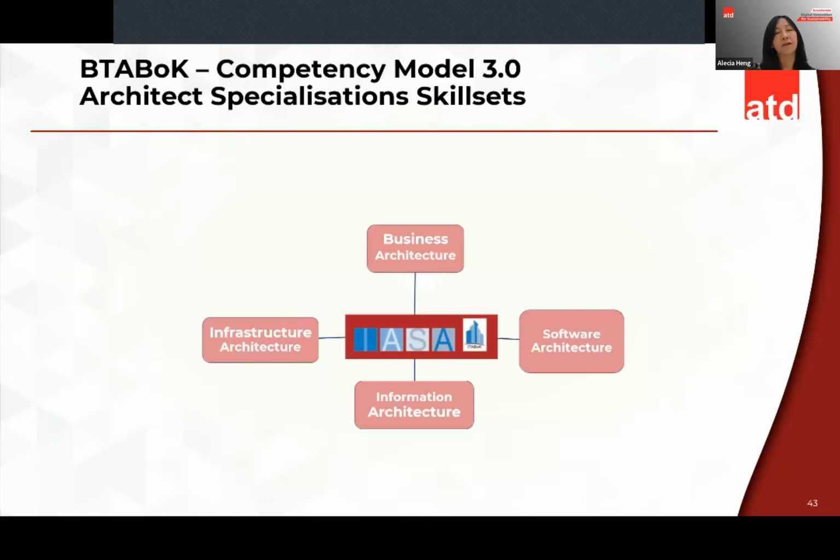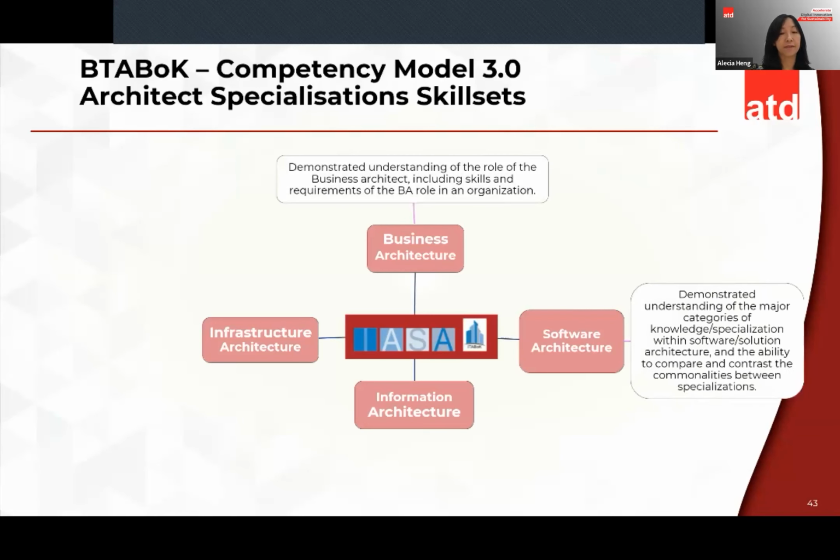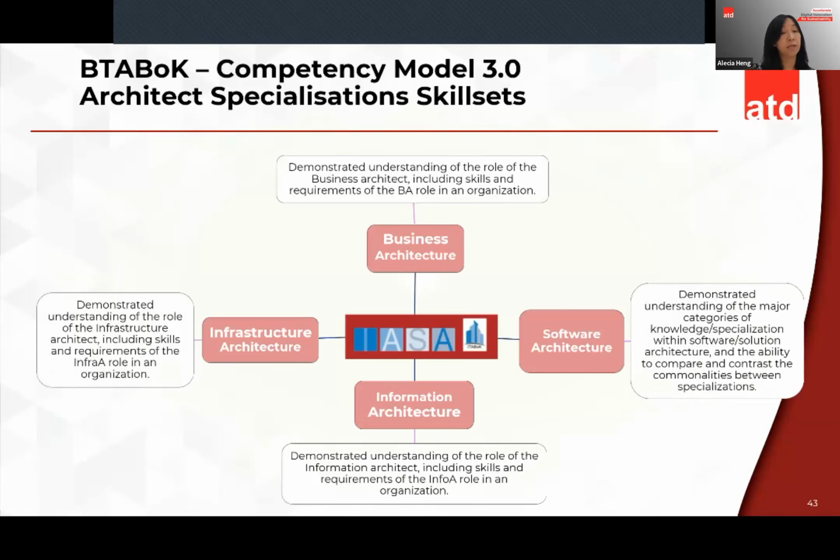These 4 specialized skill sets include business architecture, software architecture, information architecture, and infrastructure architecture. In terms of role, we also have solution architecture, which goes across all 4 domains of architecture.